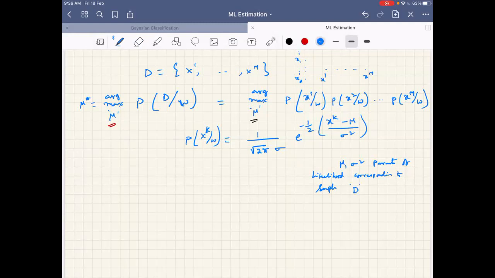Okay, so they are parameters of likelihood corresponding to samples D. So if D corresponds to class 1, they are parameters of class 1. If D corresponds to class 2, they are parameters of class 2. Okay, is that clear? Yes or no?